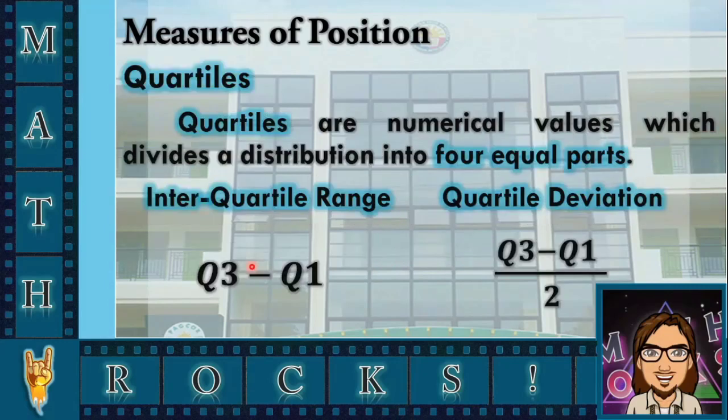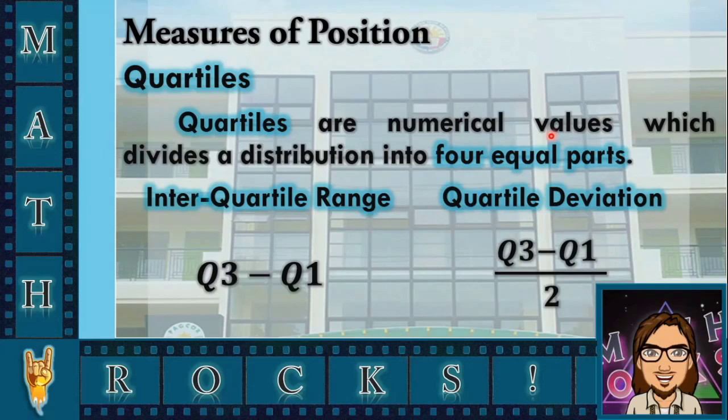Let us have the definition of the quartiles. The quartiles are the numerical values which divide a distribution into four equal parts. And to be exact, the number of numerical values pertaining to the quartiles is equal to 3.